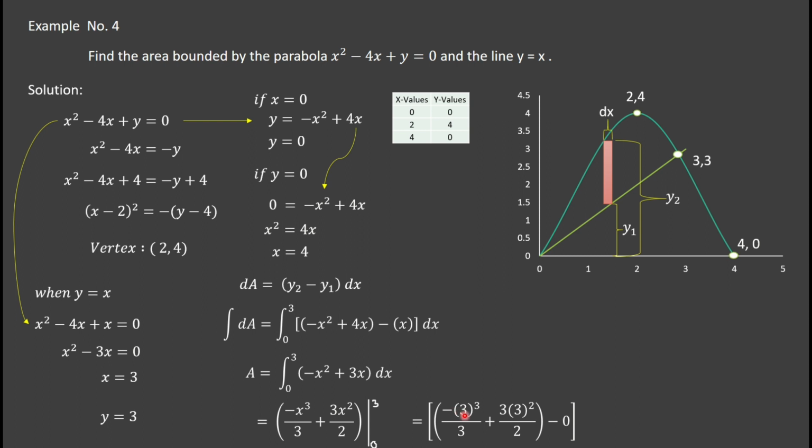That would be negative 3 to the power 3 over 3 plus 3 times 3 to the power 2 over 2. The lower limit is automatically 0. So the final answer, the area of this portion of the parabola, is equal to 9 over 2 square units.